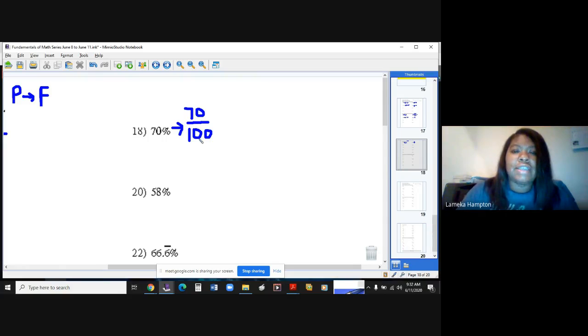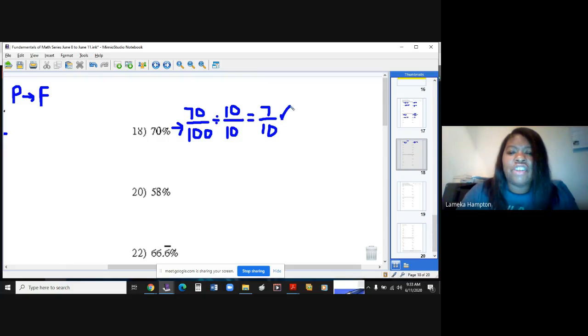I know I can simplify it starting with 2 simply because 70 and 100 are even numbers. However, I am going to go ahead and just divide by 10, because I know that 70 and 100 are a part of the multiples of 10. So when I do this, I simplify my answer to 7/10.